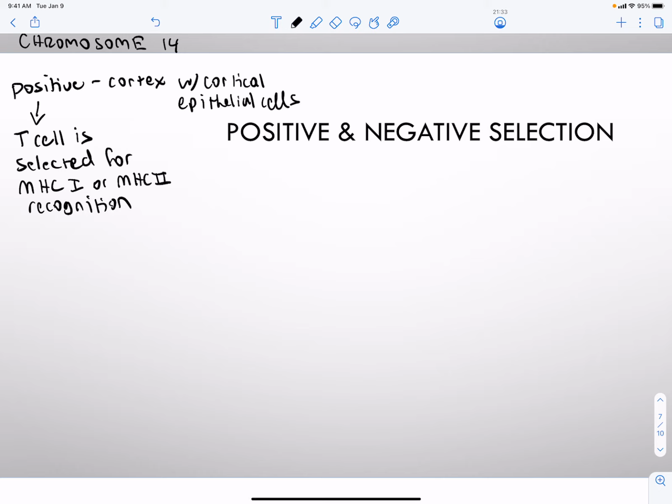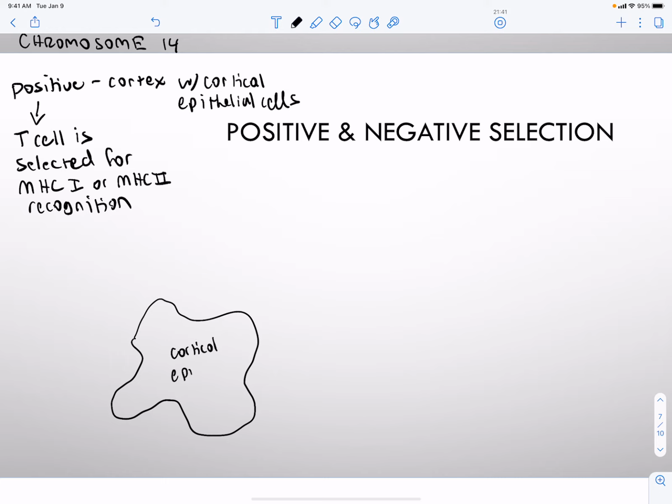So basically, we'll have a cortical epithelial cell. This is not an APC, okay? So no co-stimulation. In essence, what this means is the cortical epithelial cell cannot activate these T cells.